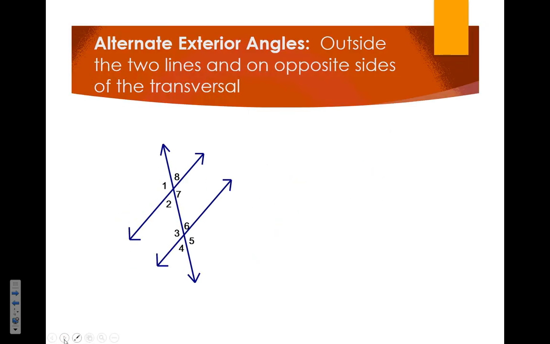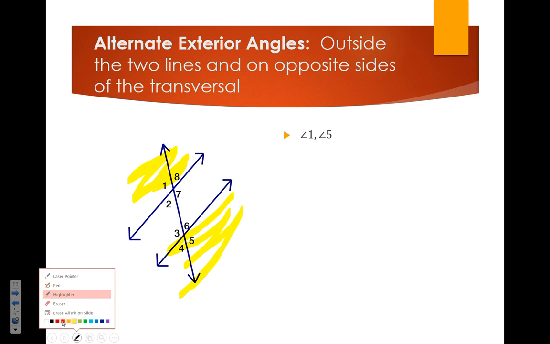We also have what we call alternate exterior angles. Now, when we talk about the exterior, we're talking about outside the lines. So basically, everything that is outside here is outside the lines, and they're exterior. Alternate means they're on opposite sides. So, for example, angle 1 and angle 5.